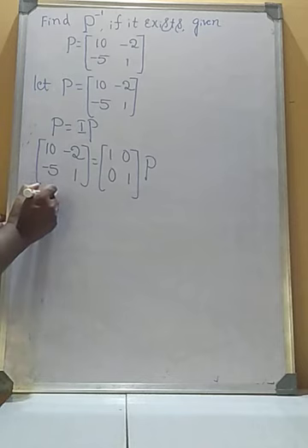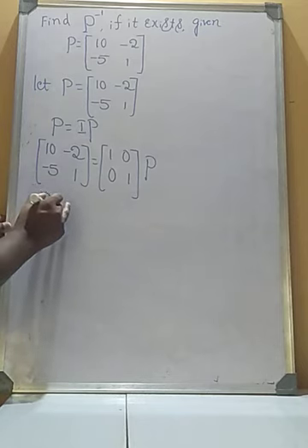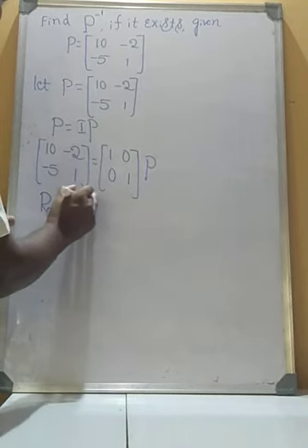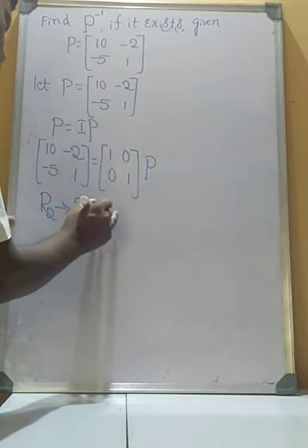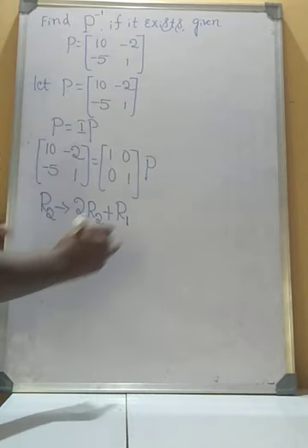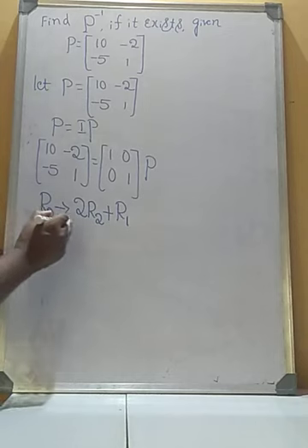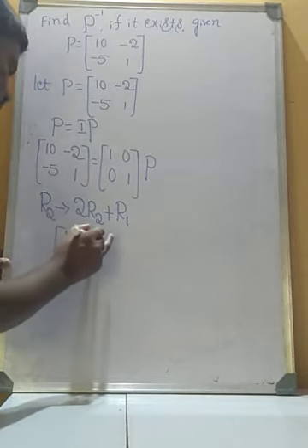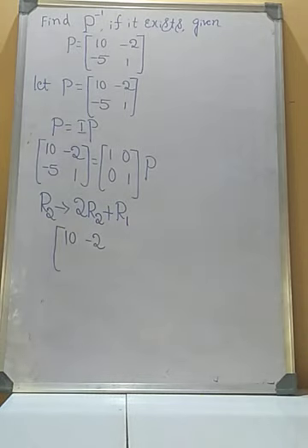By using the operation, R2 becomes 2 R2 plus R1. So therefore, first row elements 1 0, minus 2, right? Second row: 2 into R2 is minus 5, 2 into minus 5 is minus 10.